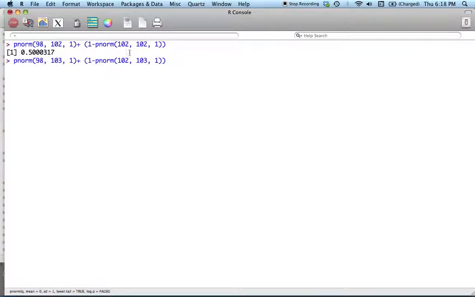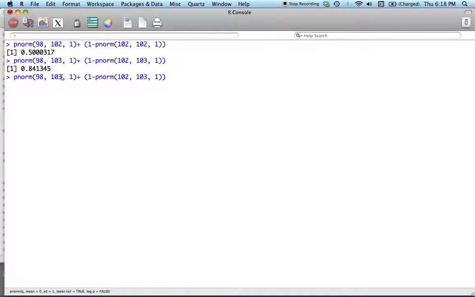Now note I left 102 here because the rejection range under the null hypothesis is still the same. So then the power of our test to detect that alternative bumps up to 84%, which means our probability of a type 2 error would be 1 minus that, or about 16%.